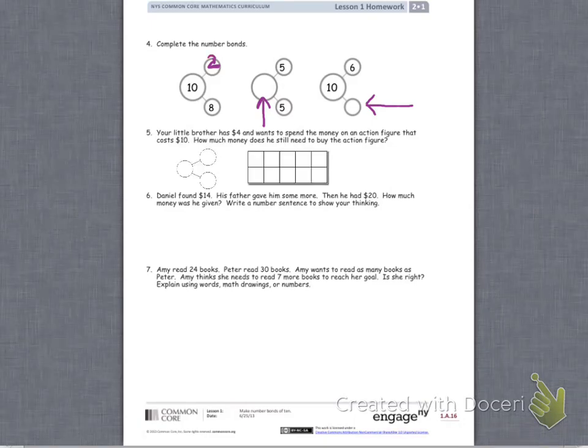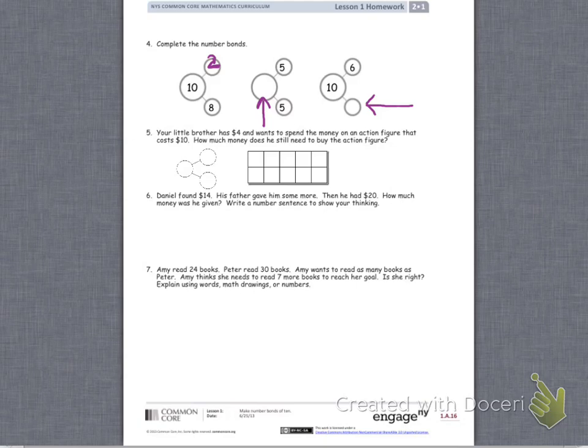For problem 5, the student has a couple of choices in order to attempt to solve this problem. The problem says your little brother has $4. He wants to spend the money on an action figure that costs $10. How much money does he still need to buy the action figure? I like to ask the students to underline the important information.